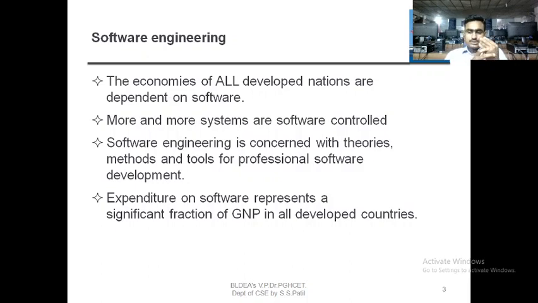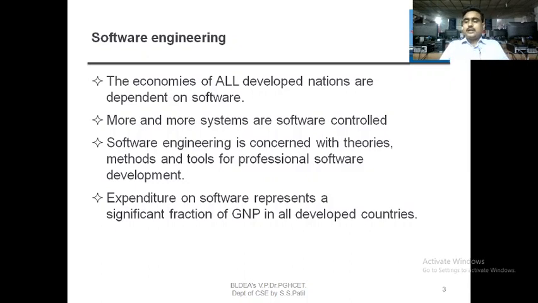Next comes the characteristics of software. What will be the characteristics of software? The software should be developed, it should not be manufactured. You all are going to become software engineers in the coming years if you study well, else it is going to take some more time. So it should be developed, not manufactured. This is one of the characteristics of software.